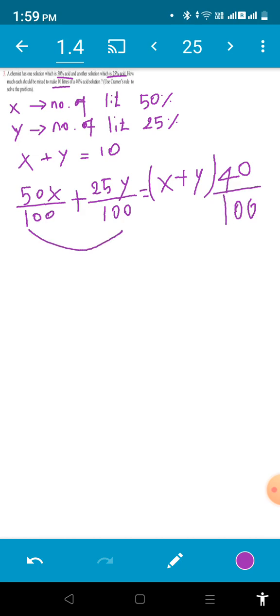I take the common 100 and cancel it from each side.